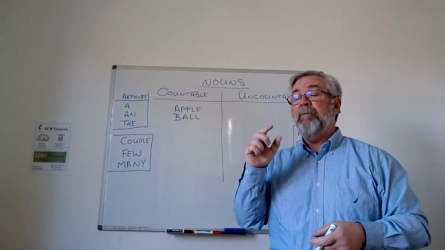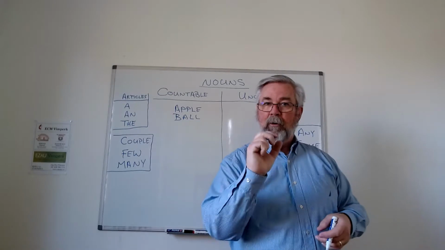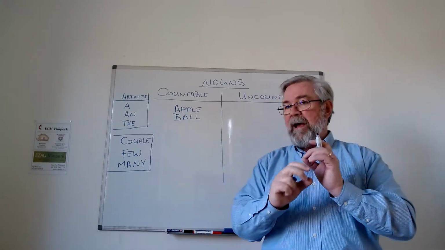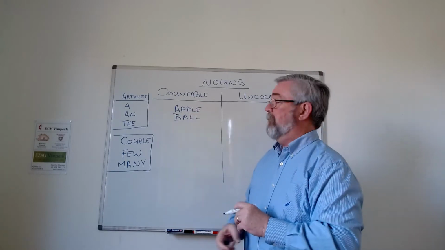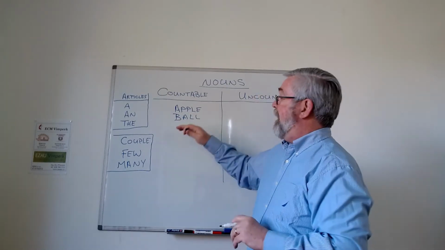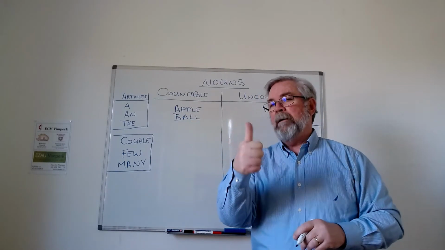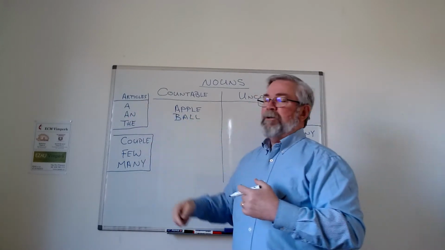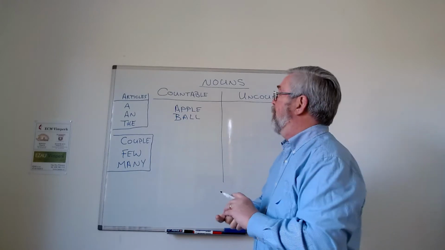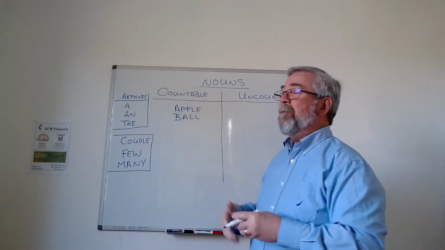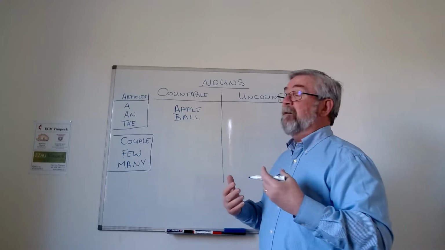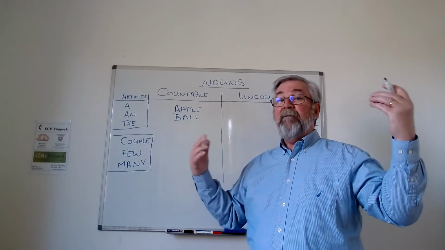If you're talking about the apple, you're talking about the specific apple or the specific ball. In all the articles, you're only talking about one. But we're talking about countable, so we might be talking about more. We might be talking about 5, 6, 7, 8.